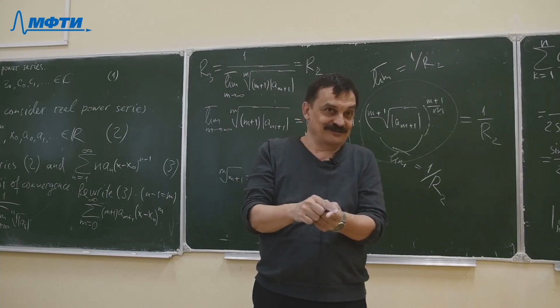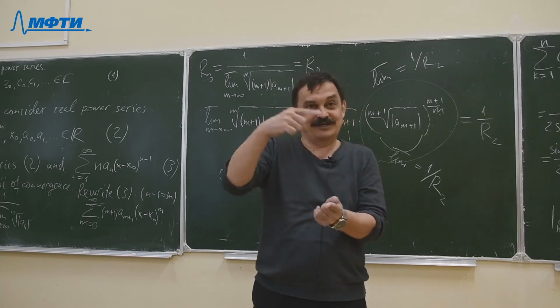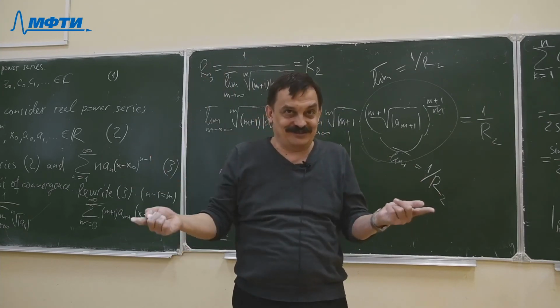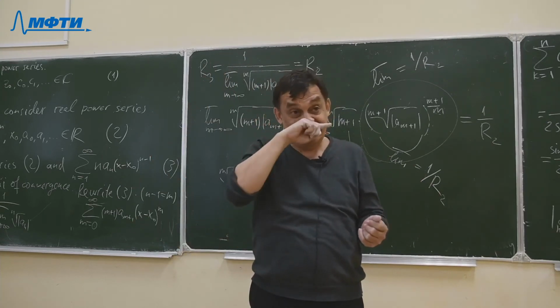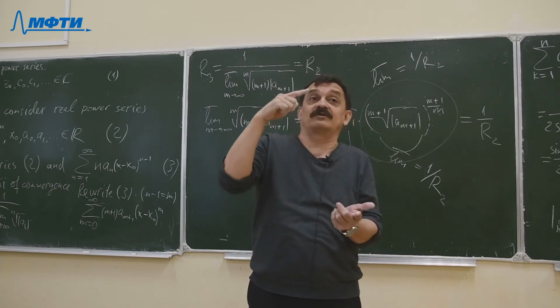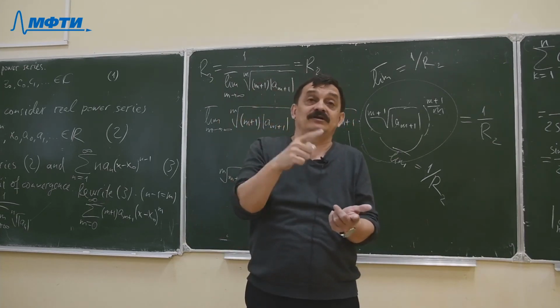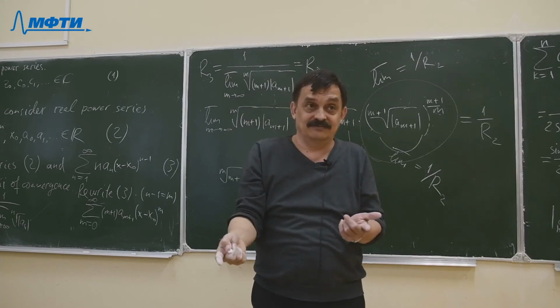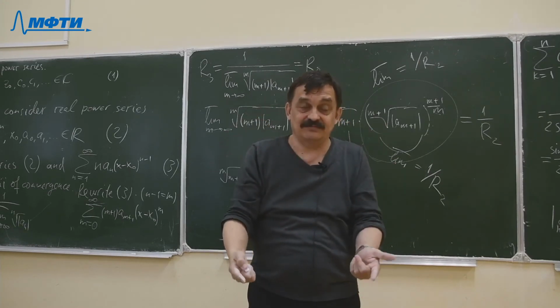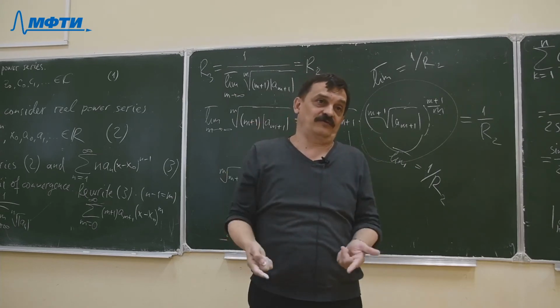If we integrate, then differentiate, it gives the same radius of convergence. So what follows from this lemma is that term by term differentiation and term by term integration give power series with the same radii of convergence.